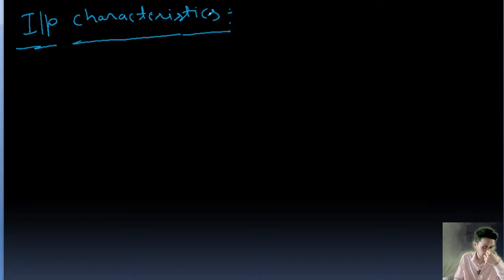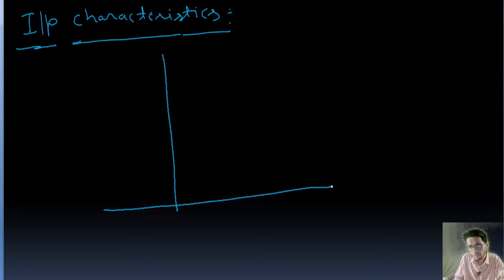Input characteristics means we'll draw the graph between VBE versus IB, because the emitter is common.